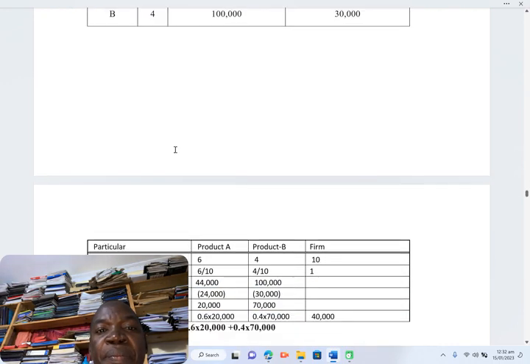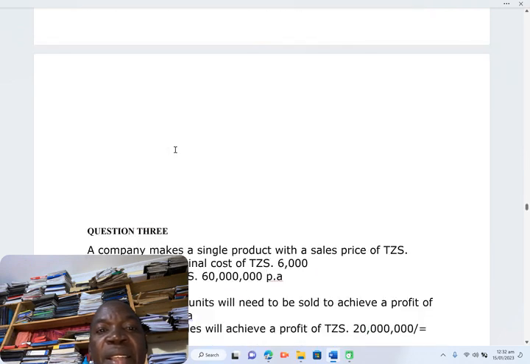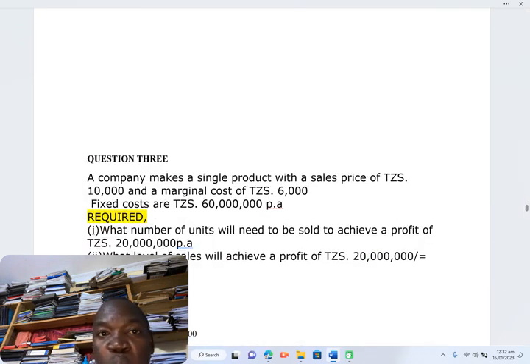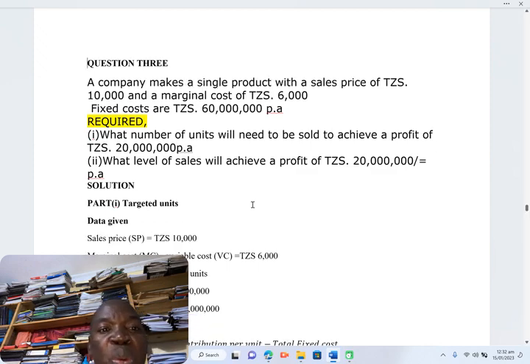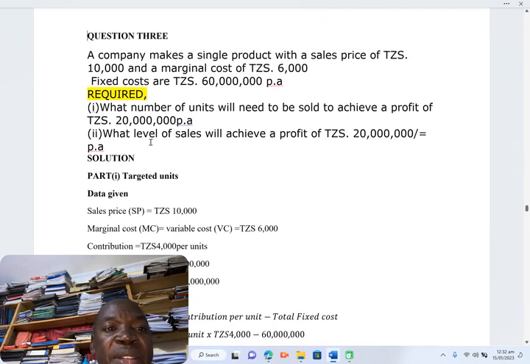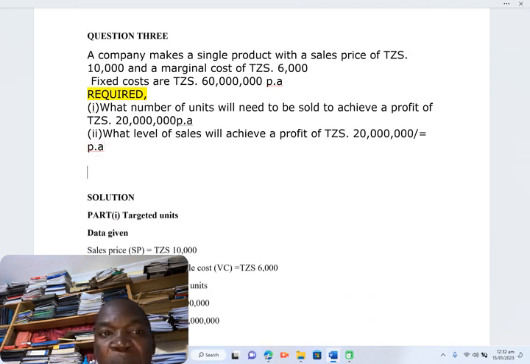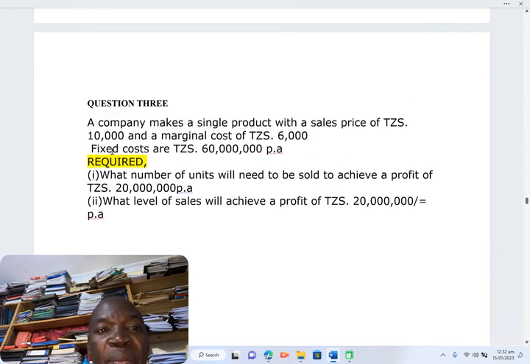Okay. Let us see problem number 2. It says, a company makes a single product. So this is break-even point in a single product.